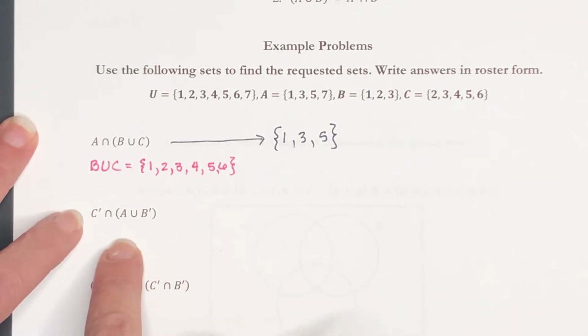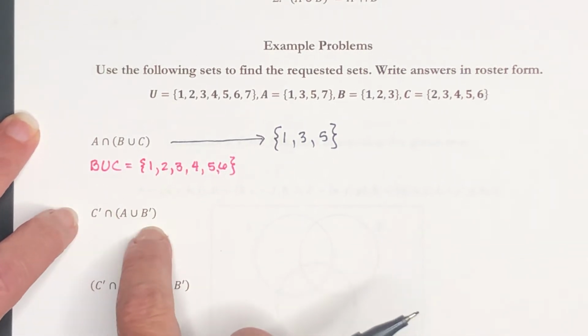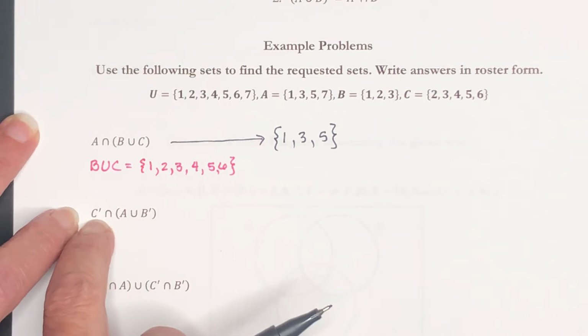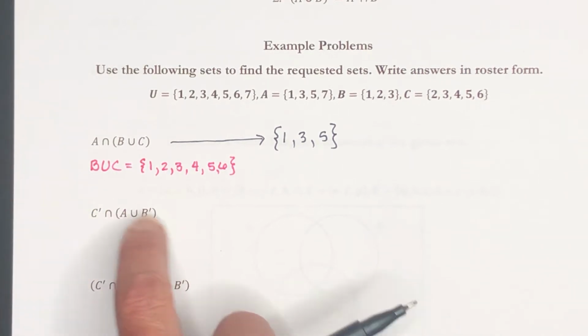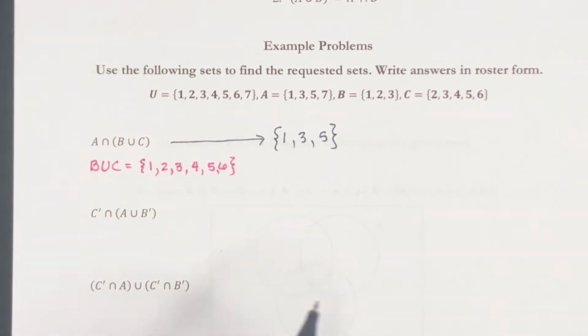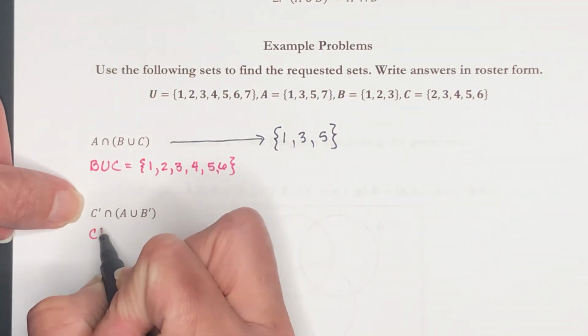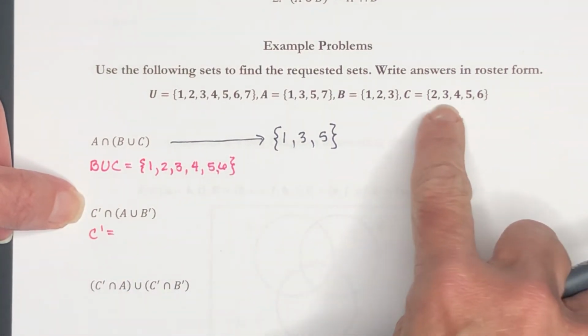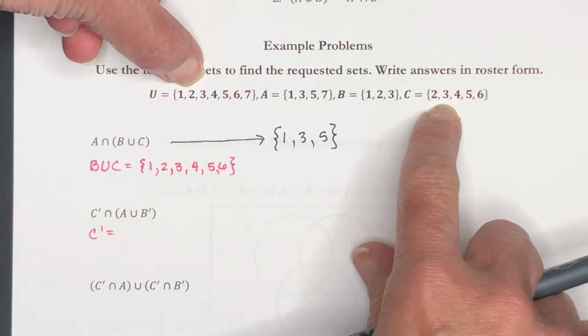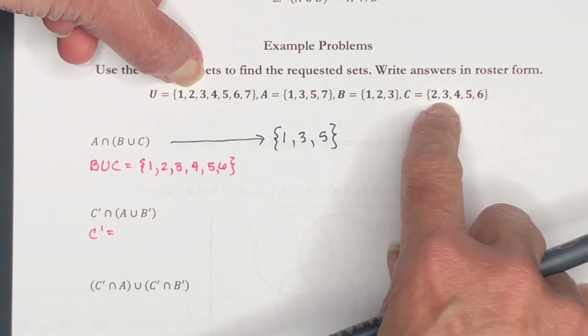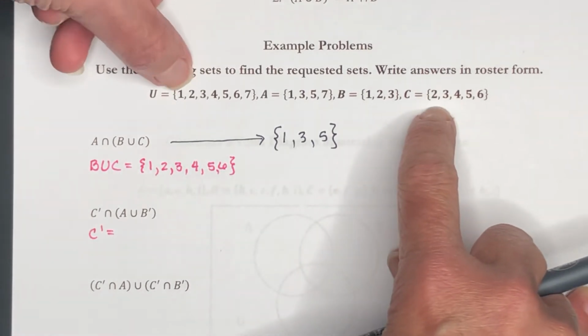For this one, there are a couple more pieces we need here. I need to find C complement, I need to find B complement. So let's just do that. C complement. That means it's everything that is in the universe but is not in C. So we want everything that's not in C, essentially.